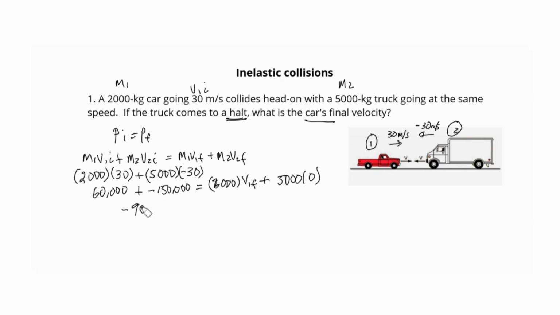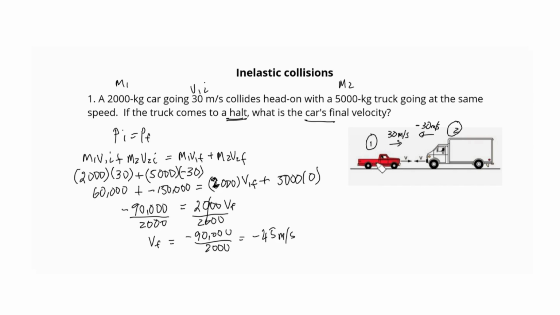That gives me negative 90,000 is equal to 2,000 VF. And so dividing both sides by 2,000, I get VF is equal to negative 90,000 over 2,000, which is negative 45 meters per second.